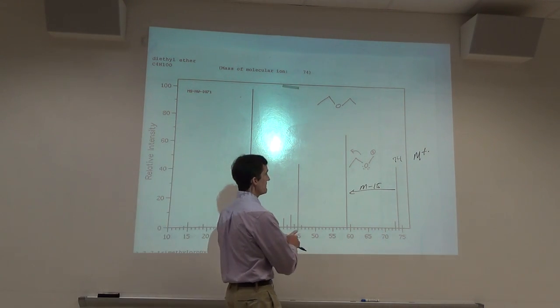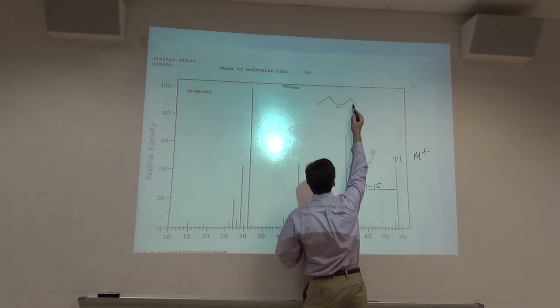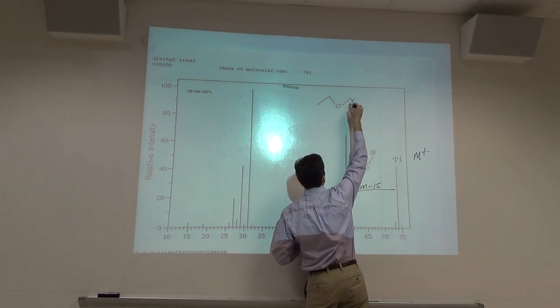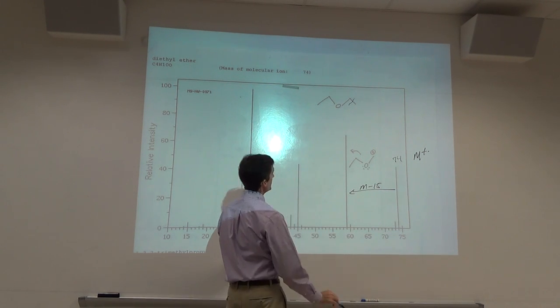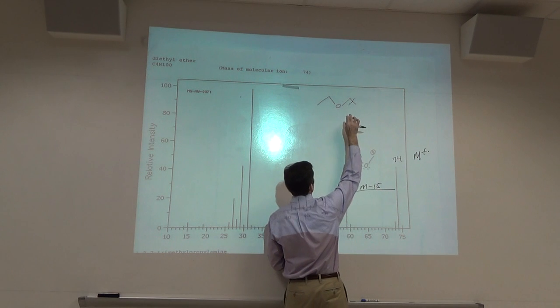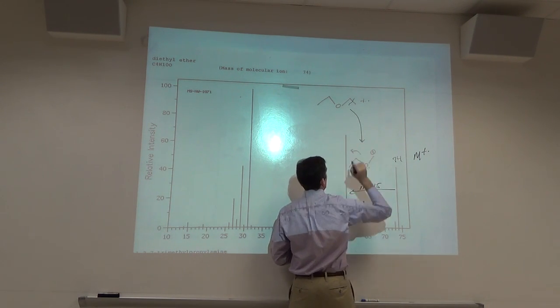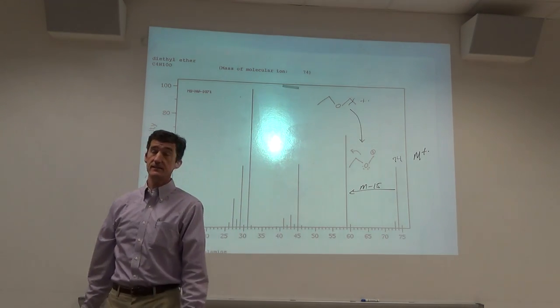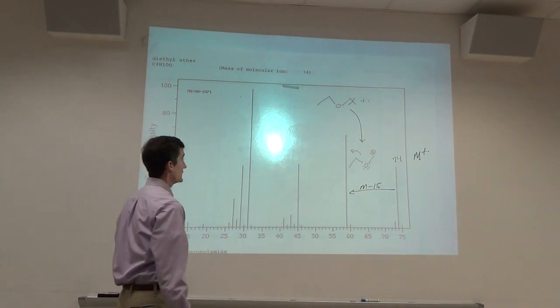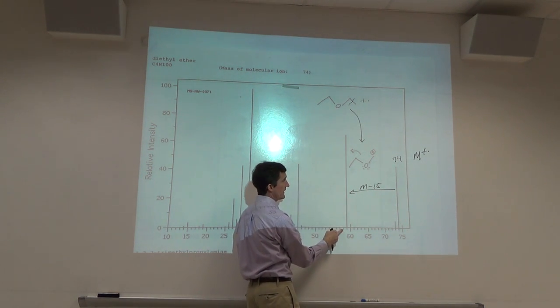How could this thing lose a methyl? Well, it's got this methyl hanging on the end here. Maybe it just cleaved right here. If it cleaved there, keep in mind the original was a radical cation. Radical cation, when that cleaves, what do you get? You get a cation plus what? Plus a radical. The cation equals 59 because there's a peak at 59.